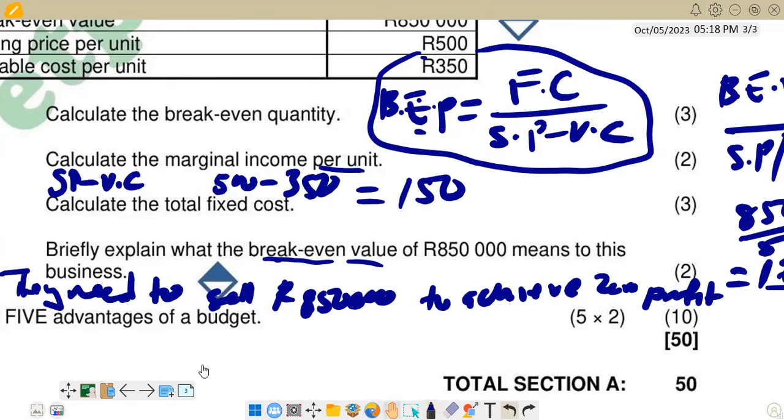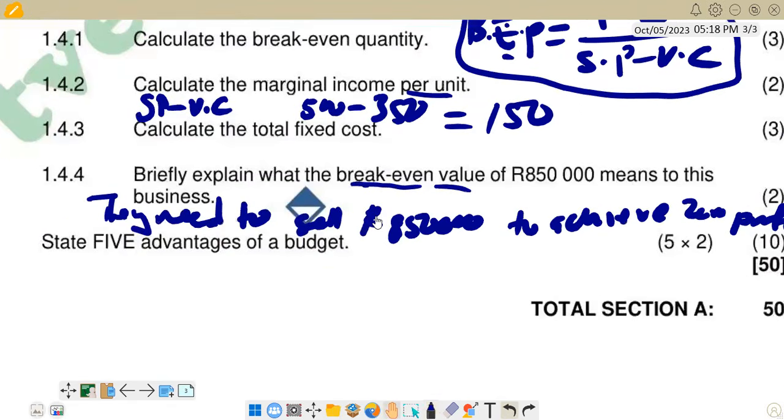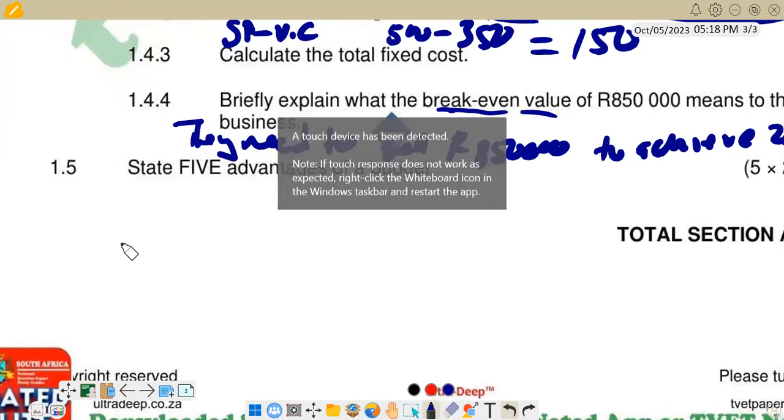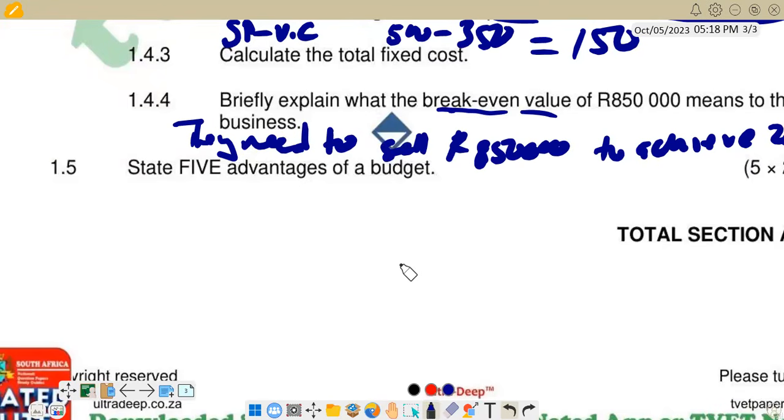The last question is saying 5 advantages of a budget. So we're going to try to bring out the 5 advantages that we can have there. There are many advantages that we can raise in terms of a budget. But basically, whenever we prepare a budget, it acts as a control measure. If it's not achieved, we know that we didn't do well.